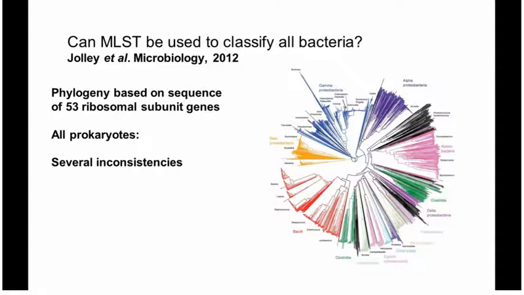All eubacteria. So this is what you get if you do the same thing on hundreds of different strains of all types of bacteria. Does this make sense? Okay, so it's an unrooted tree, which you would expect because there's no outgroup really.